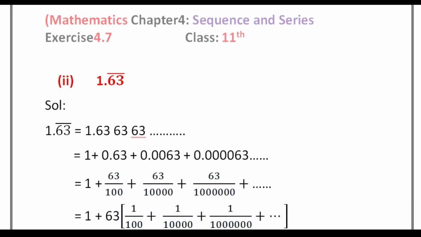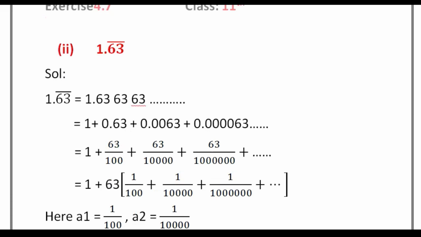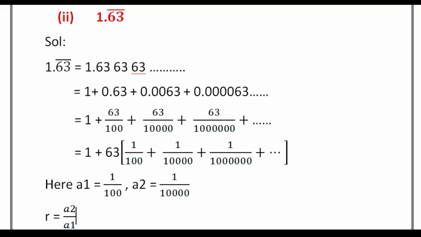So taking 63 common, 63 into 1 divided by 100 plus 1 divided by 10,000 plus, and so on. Here the first term, that is a1, is equal to 1 divided by 100, and the second term, that is a2, is 1 divided by 10,000. So r is the common ratio between a1 and a2.